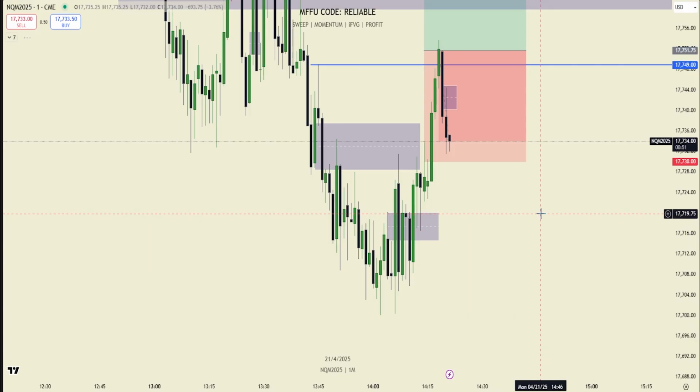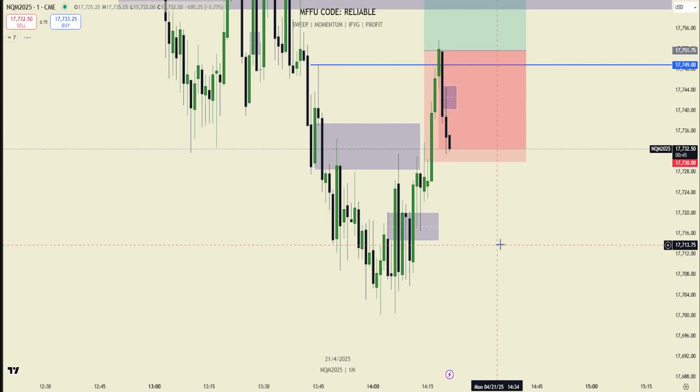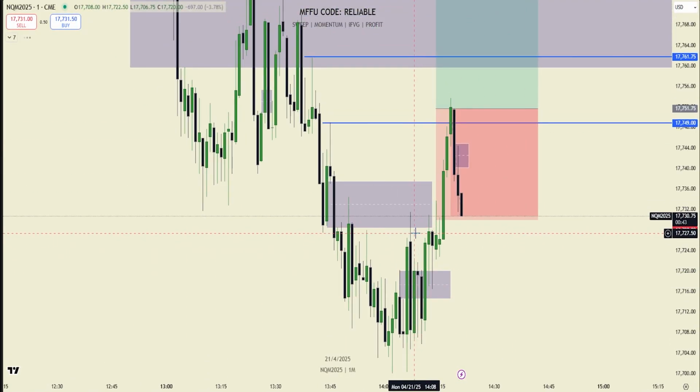So yeah, it looks like we're just gonna keep heading lower here. 2 minute short? No, I wouldn't take the 2 minute. I'd definitely wait for the 1 minute because you're shorting way deep in discount.